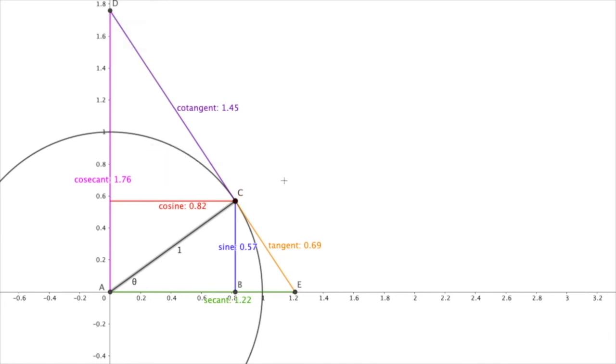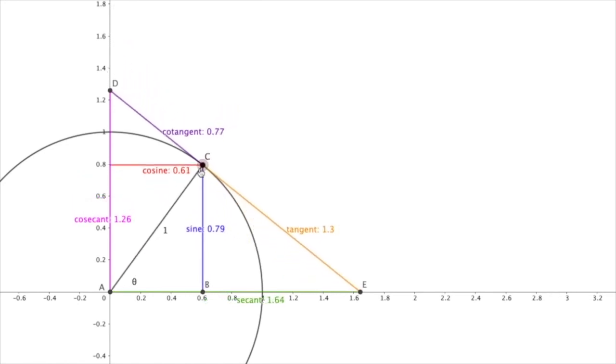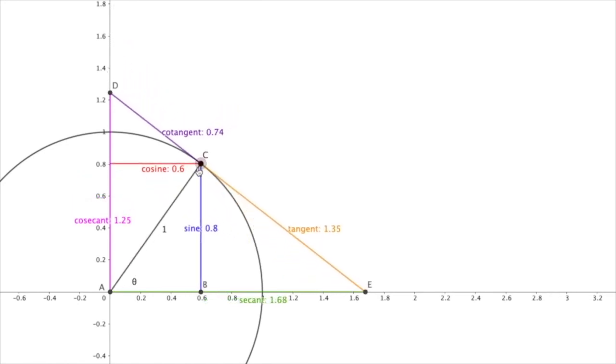So let's try taking this down, or up rather, so we get a sine of 0.8, and you may know, but you can check with the calculator, 0.8 times 1.25 is 1. 1 1/4 times 0.8 is going to give us an extra 0.2 for the quarter, which gives us 1 altogether. So if we slide this round until the sine is 0.8, then we have the cosec being 1.25.